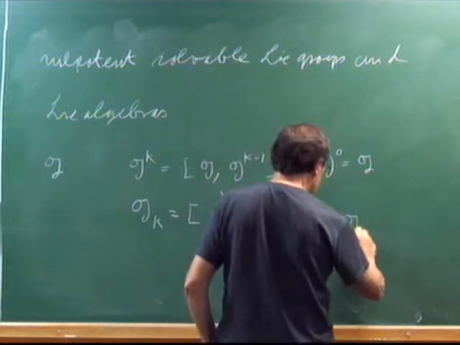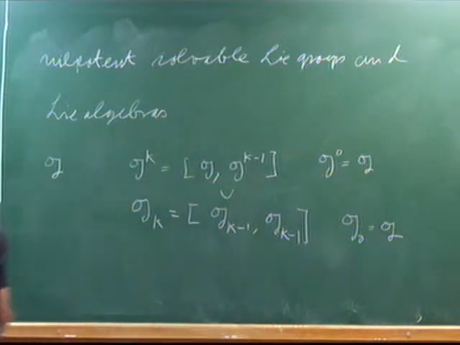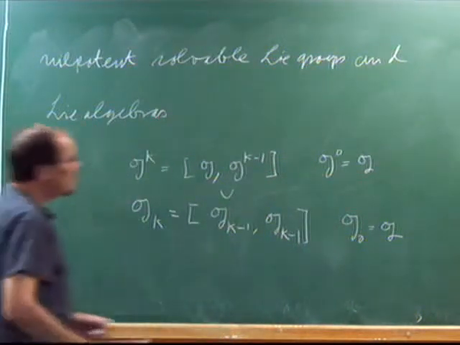And then again G0 is G. So these are two series associated to every Lie algebra.